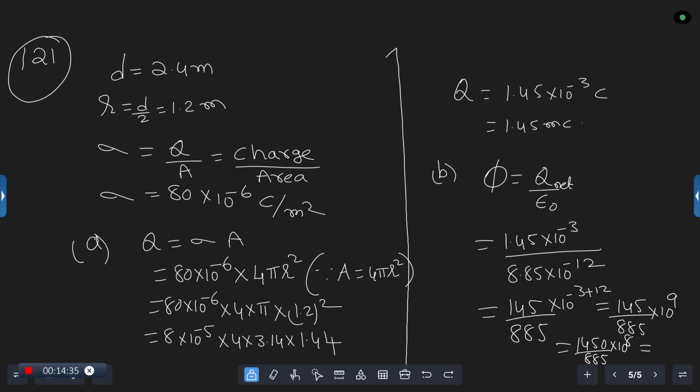Simplify this. You will get 1.8 something. Okay, 1.6 into 10 power 8 Newton per coulomb meter square. Yes or no?